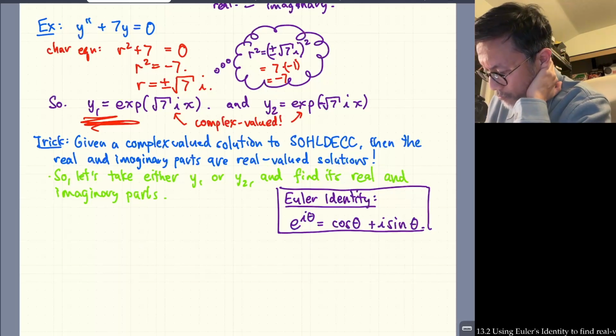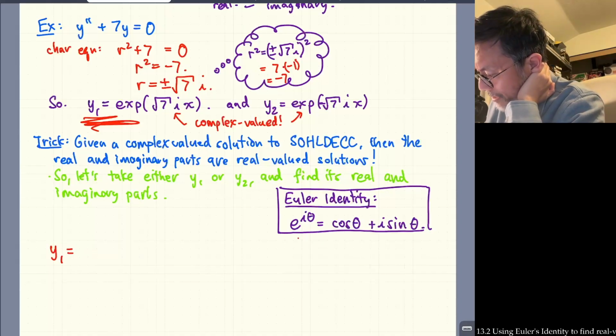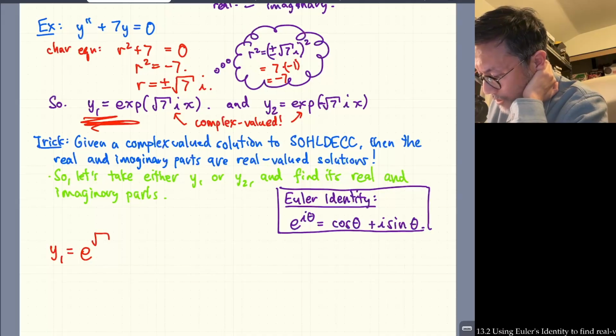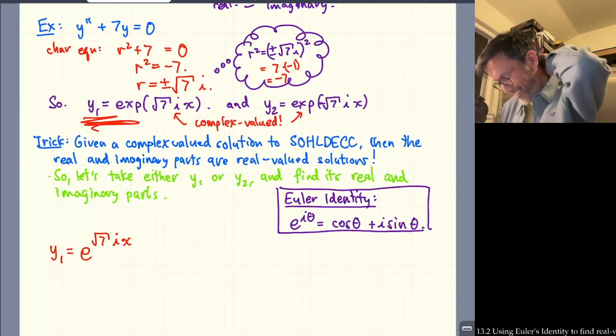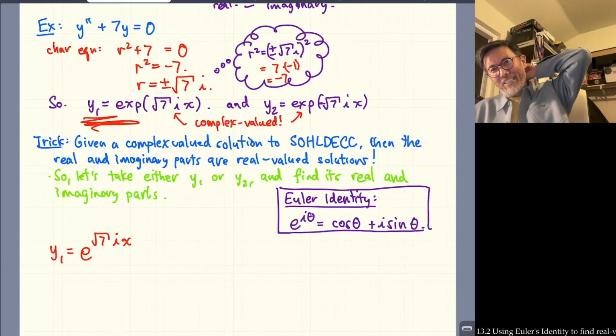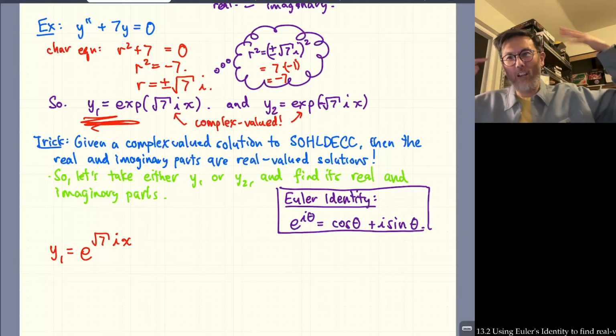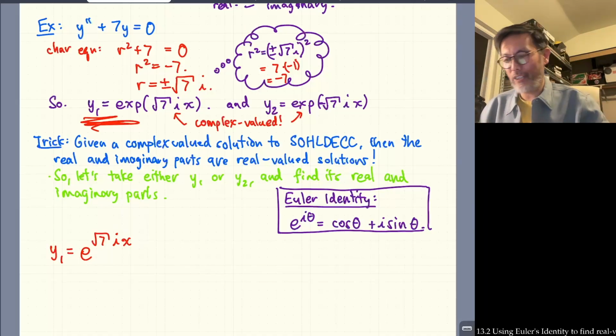So y1 is equal to, and maybe I'll write it more in alignment with what we got here, e to the square root of 7 i x. Now I know how I've written it here, and I have a certain logic in my head for the order in which I write things.